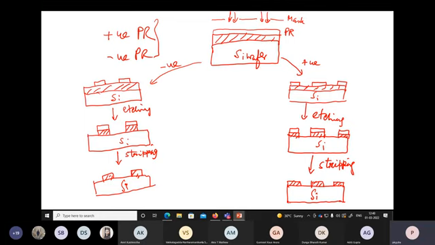So you don't need a mask, you just need an electron beam, and of course you have to manipulate the electron beam so that it will be incident on a specific place of the photoresist.